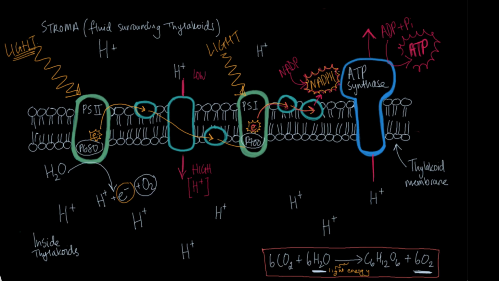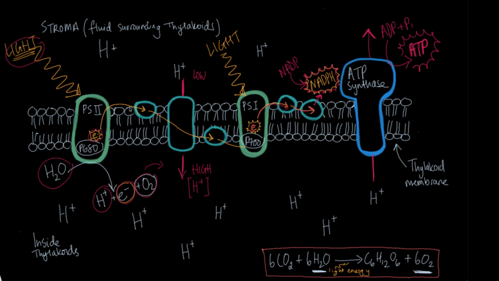So to summarize the light-dependent reactions, we have first used the energy from light here to energize an electron. That electron was gained by splitting water into protons, electrons, and oxygen. The oxygen was released, the electron was energized, the protons are going to be used in this step here.